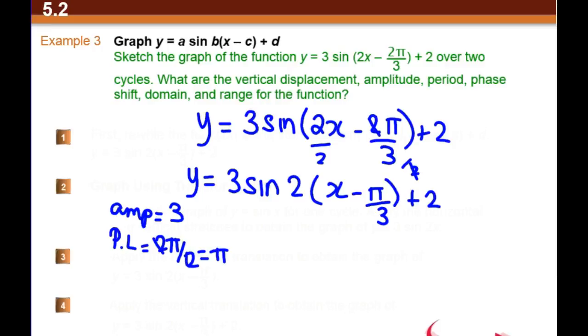Okay. We have a horizontal translation of what? Okay, positive translation of pi over 3. So that means we're going to move to the right.